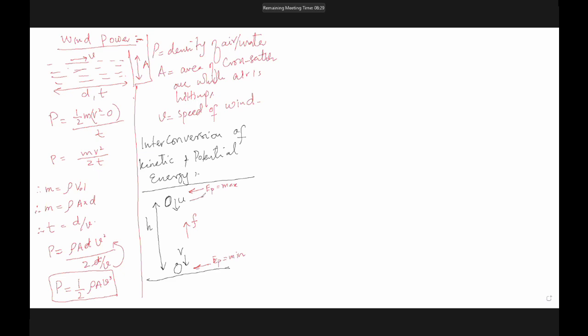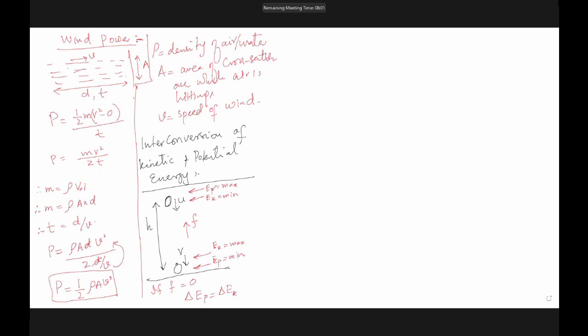So if you look here, its kinetic energy at this point is minimum or zero, depends on what the value of u is. While at this point, its kinetic energy is maximum. So if there is no friction, if F is zero, then we know that change in EP is equal to change in EK.